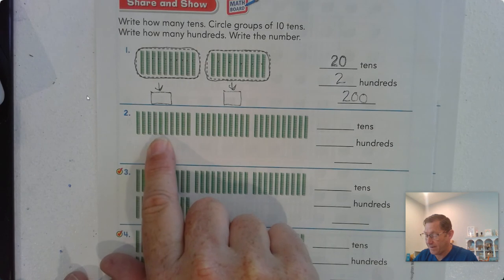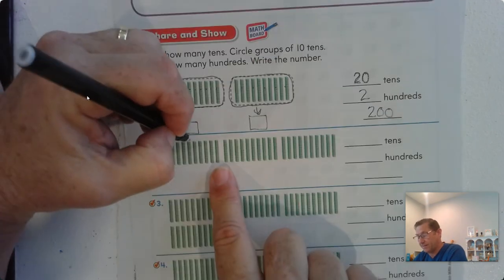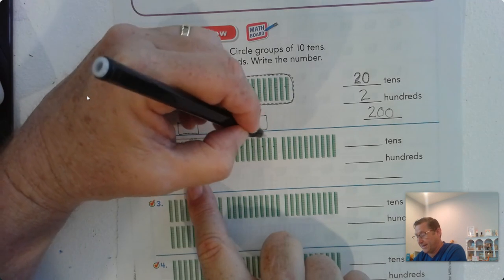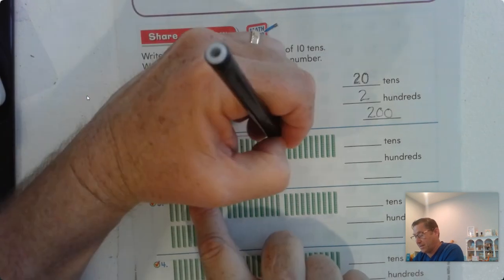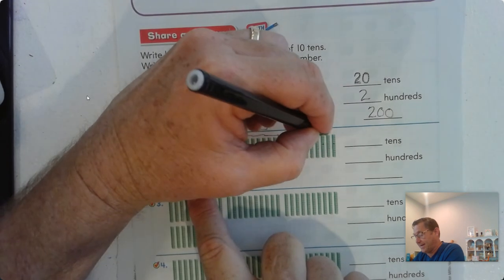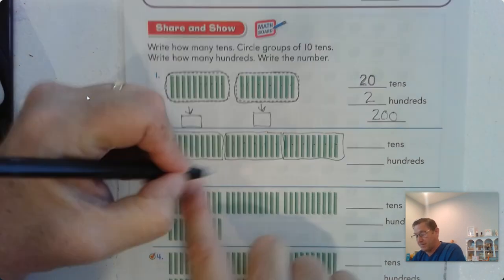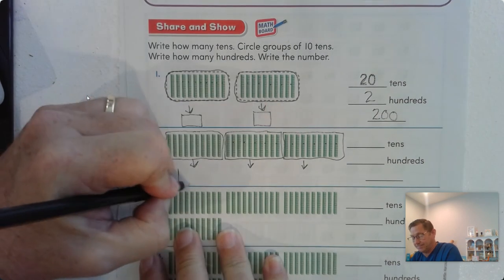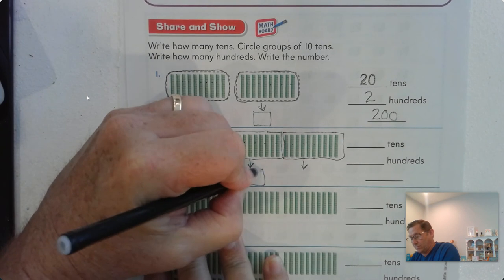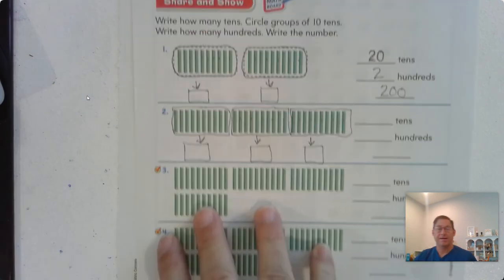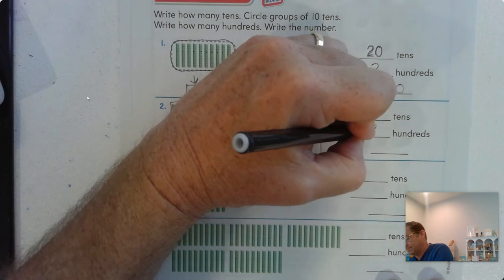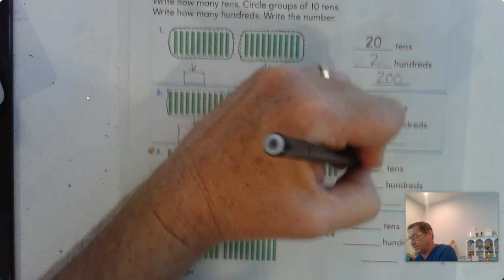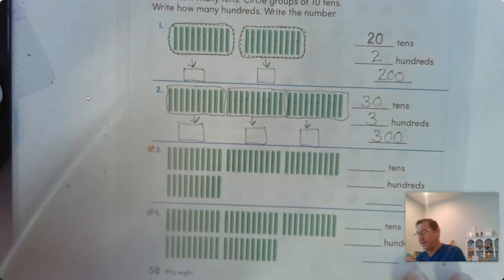All right, let's see. 2, 4, 6, 8, 10. Okay, so we have 3 sets of 10 tens, which is the same as 300. So 30 tens is the same as 300, and we write 300.